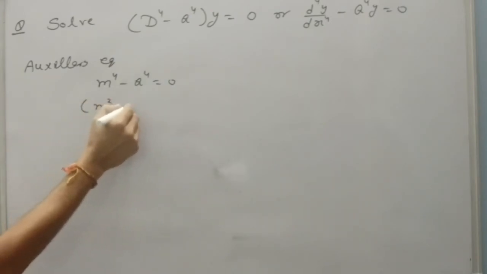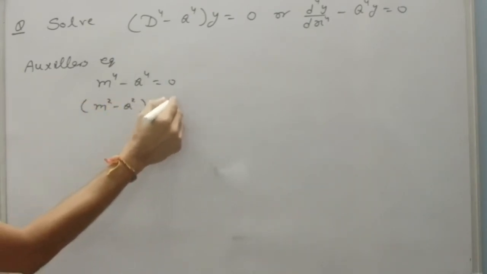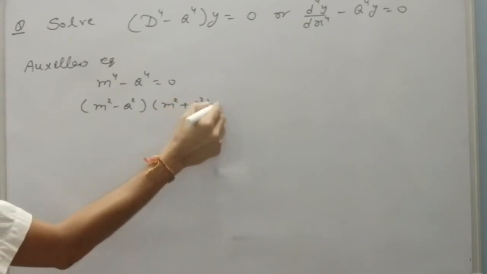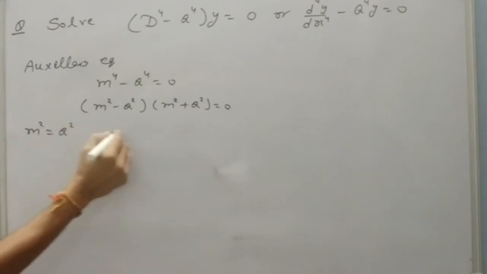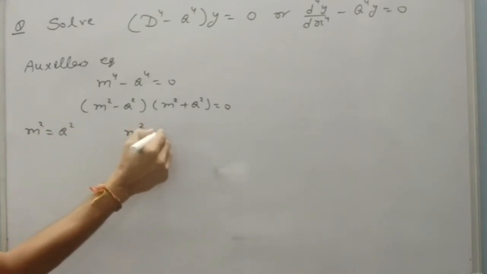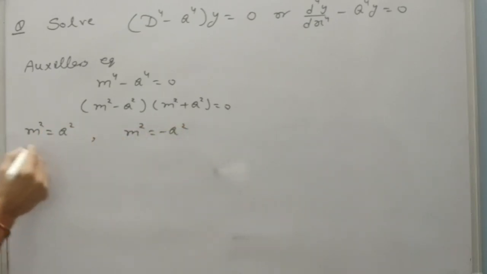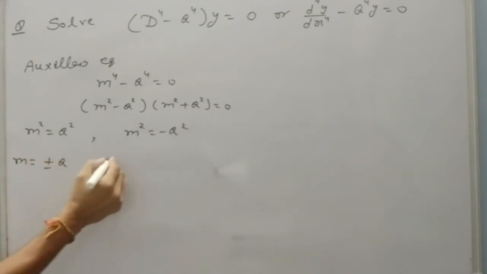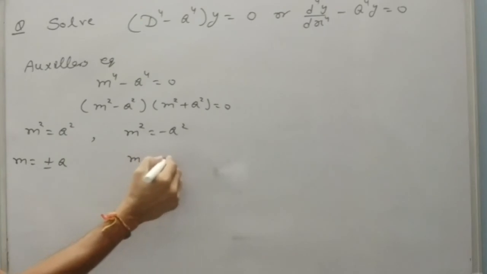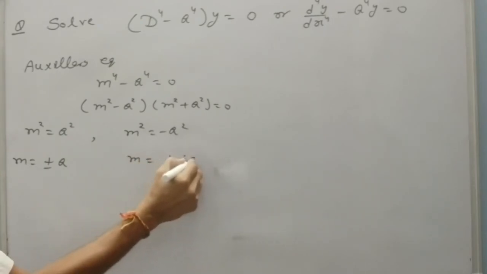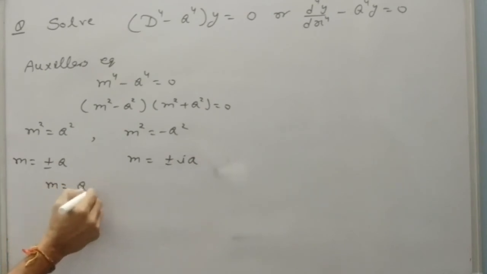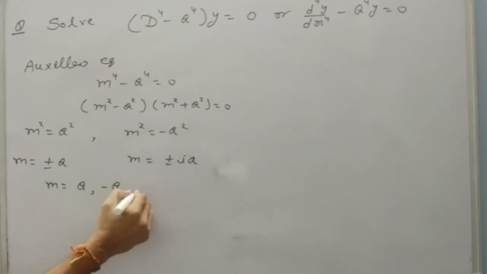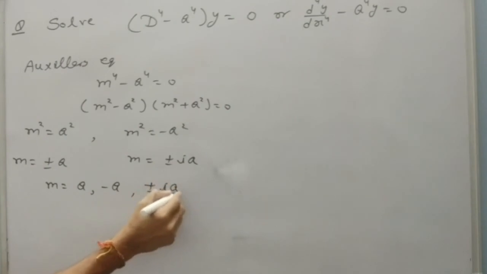Factorizing, m square minus a square, m square plus a square is equal to 0, or we can say m square is equal to a square and m square is equal to minus a square. From here I will get m is equal to plus minus a, and here m is equal to plus minus iota a. So there are four roots, that is a, minus a and plus minus iota a.